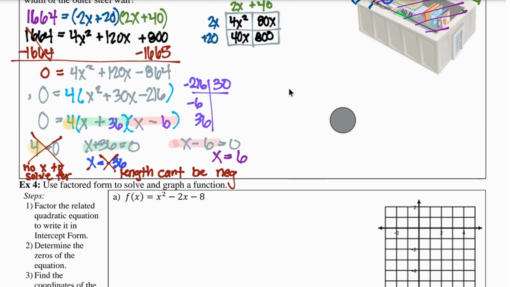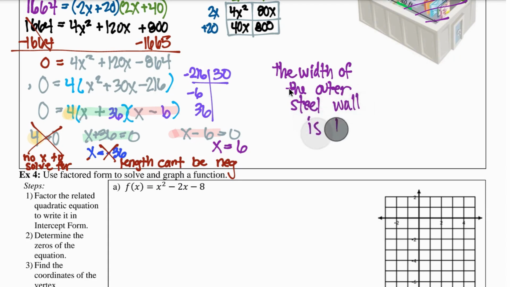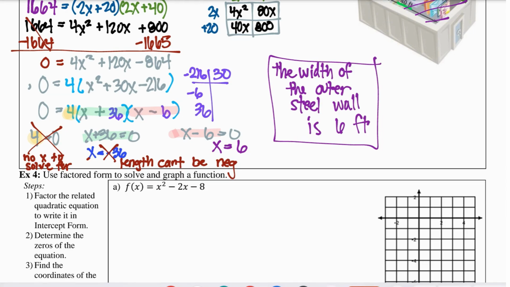That tells us that the width of the outer steel wall must be 6 feet. Okay, so that is the answer for that problem.